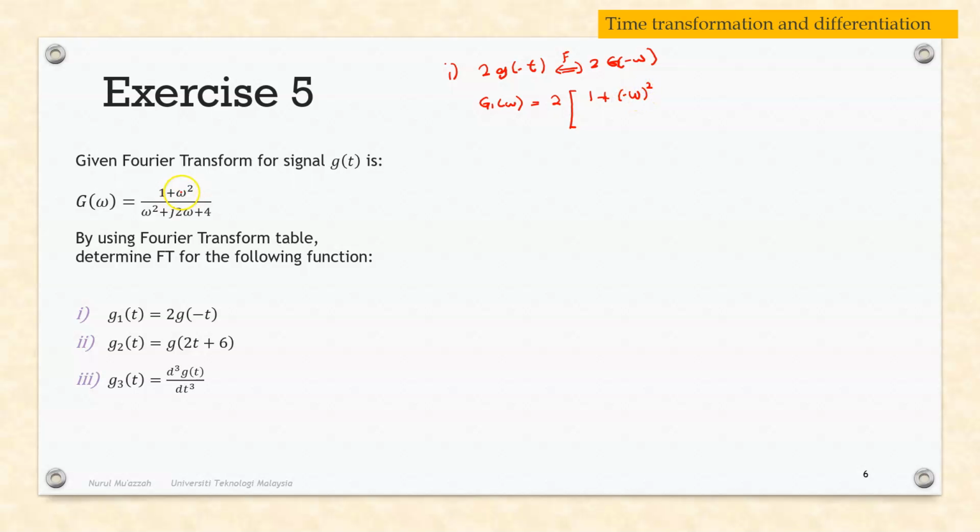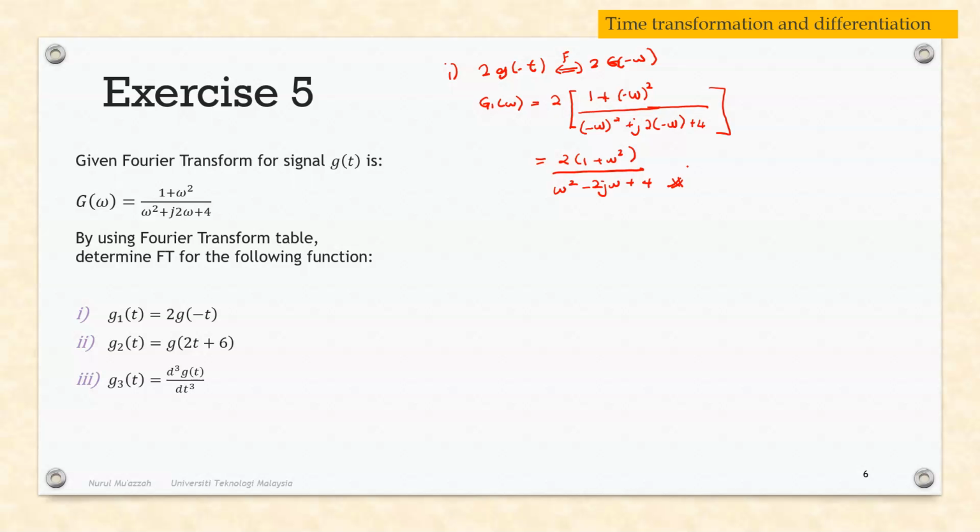So whatever omega is here, you change to negative omega. So divide by negative omega squared plus j2 negative omega plus 4. And then this one will become 1 plus omega squared, minus 2j omega plus 4.